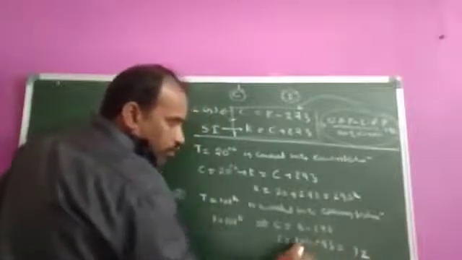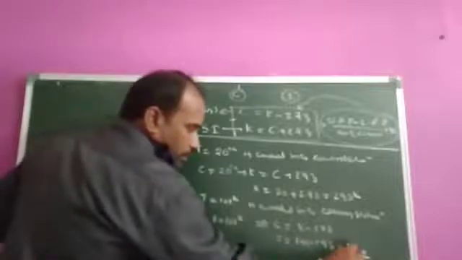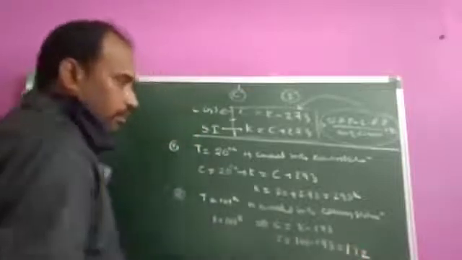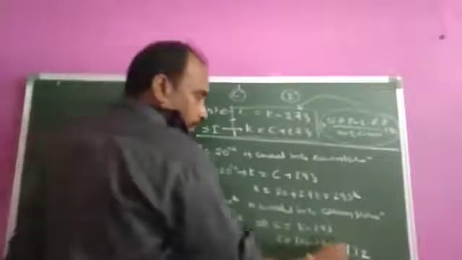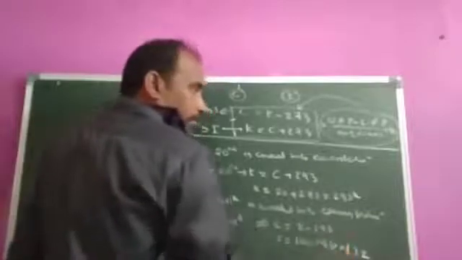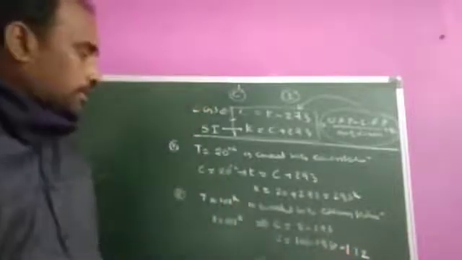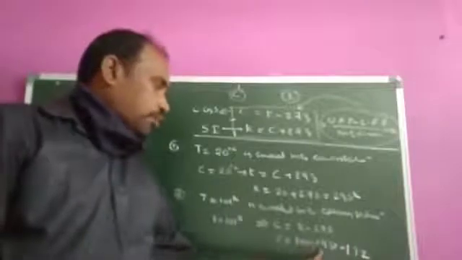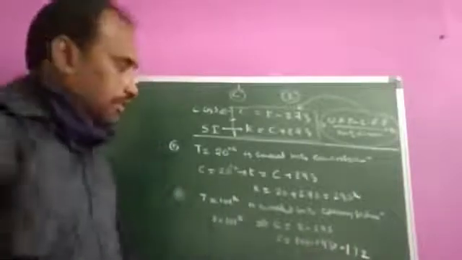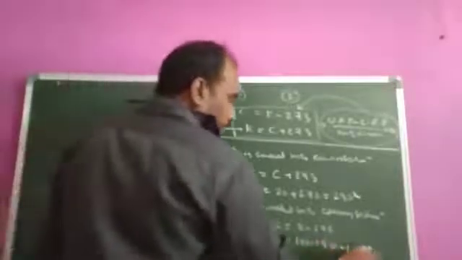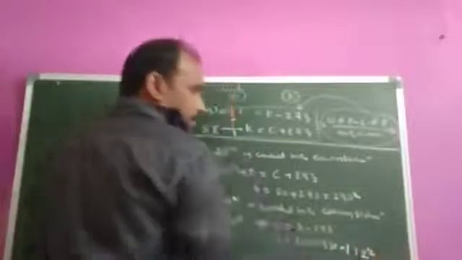Another one, 2 minus 1 is 1. And you get a minus sign. So what is the answer? 101 minus 273 is equal to minus 172, converted to degrees Celsius.